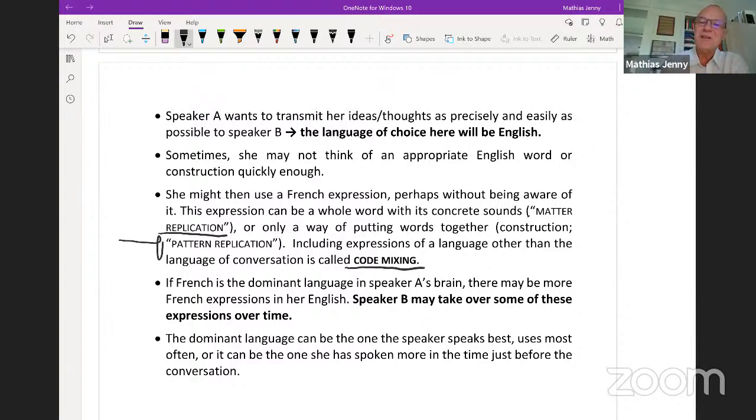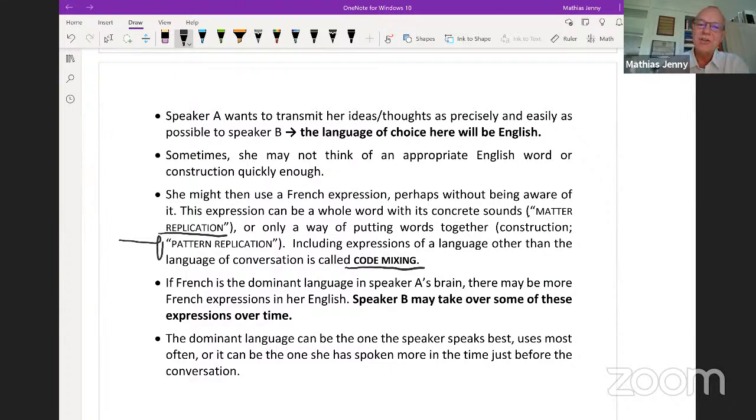Now, how much of this French comes into the conversation in English here by speaker A depends very much on which one is the dominant language in speaker A's brain. If French is the overall dominant language, if she speaks much better French than English, then there will be more French in her English.